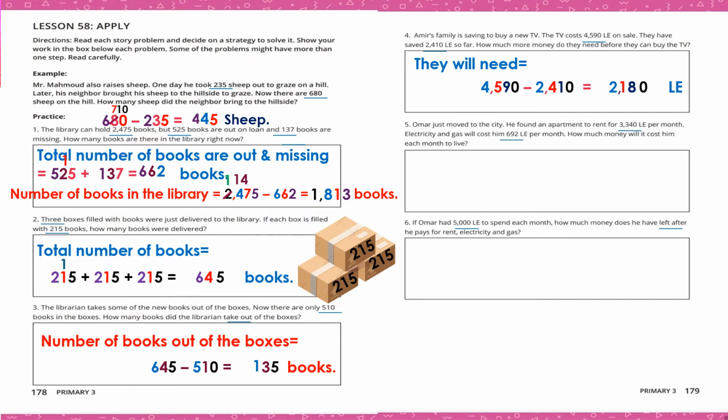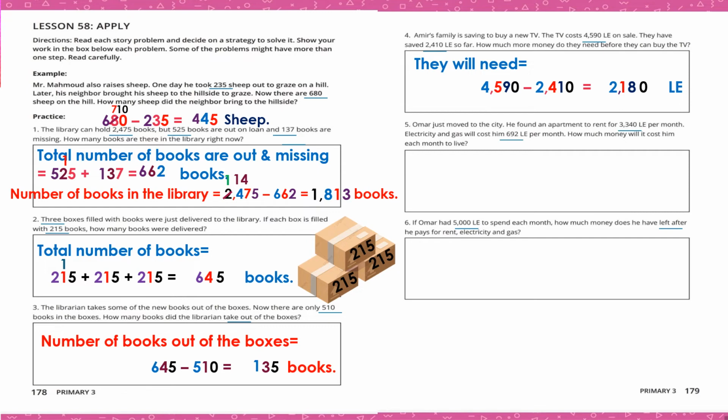Here we want to calculate the total cost. The total cost of apartment, the rent, electricity and gas.